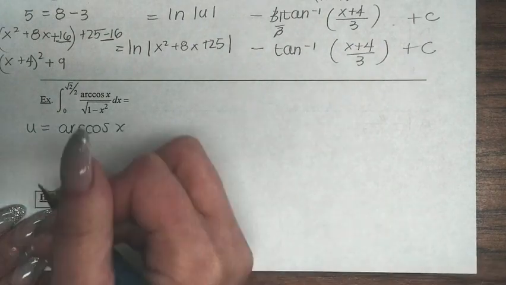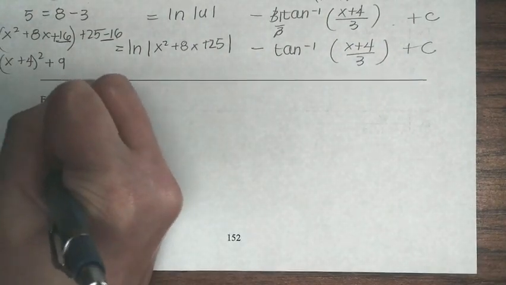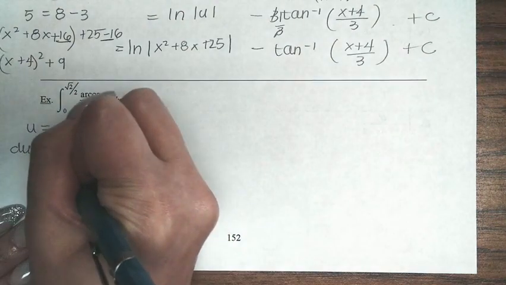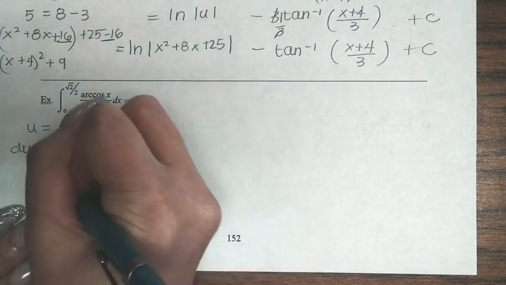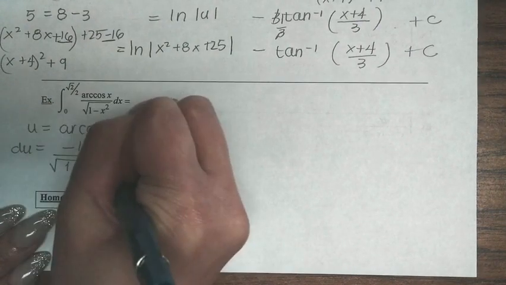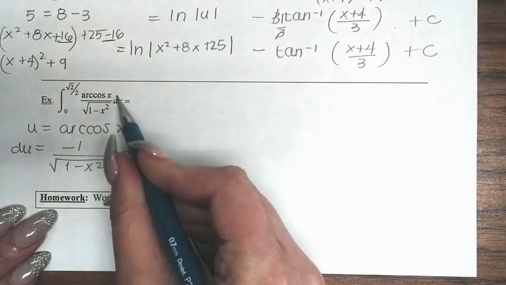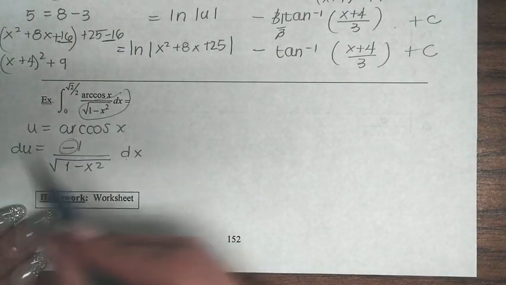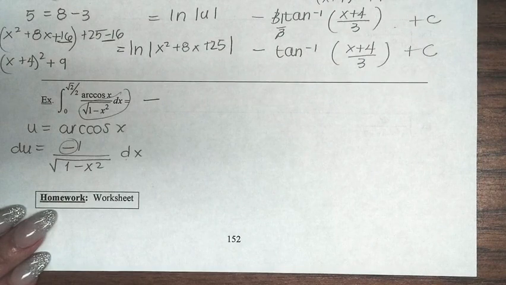What would be the derivative of that? On the previous lesson you learned that it was negative 1 divided by the square root of 1 minus x squared dx. Wow! Isn't that almost the same? The only thing that we need is the negative. Easy. I can put the negative there, right? That's not an issue.